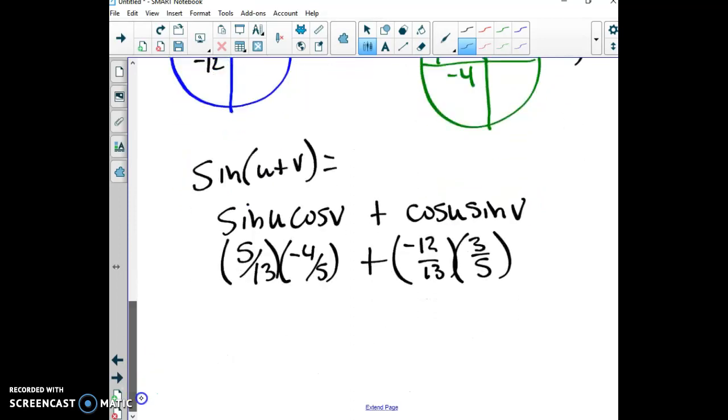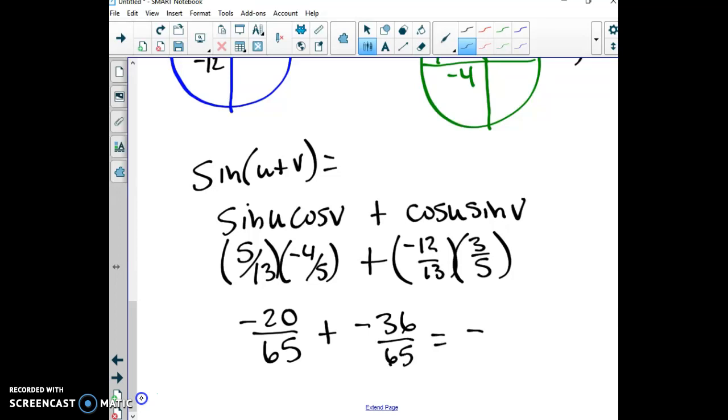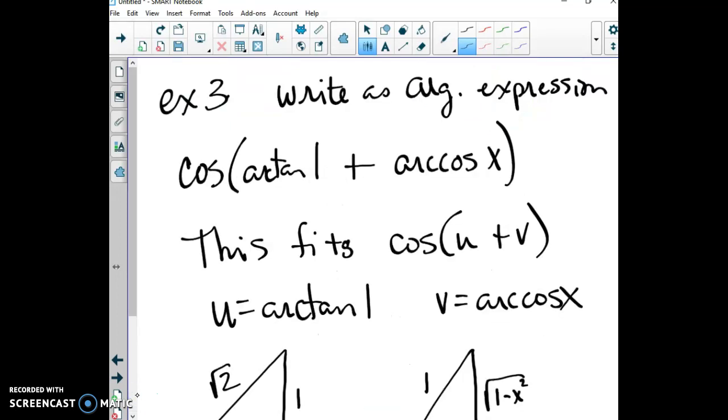You can do some fun mental math. Negative 20/65 plus negative 36/65. We should come up with negative 56/65. So with our 4 minutes left on this recording, we're going to try to get through example 3.